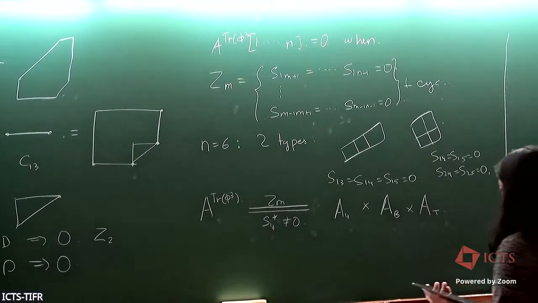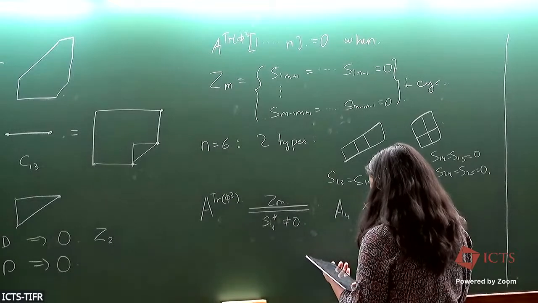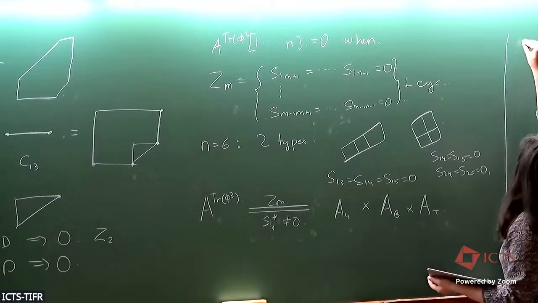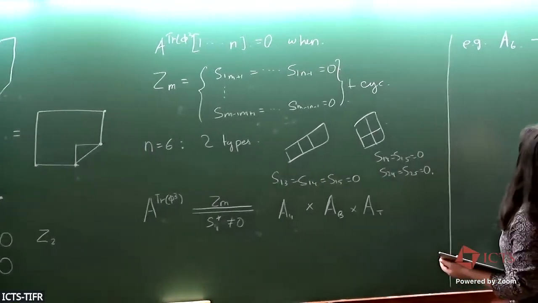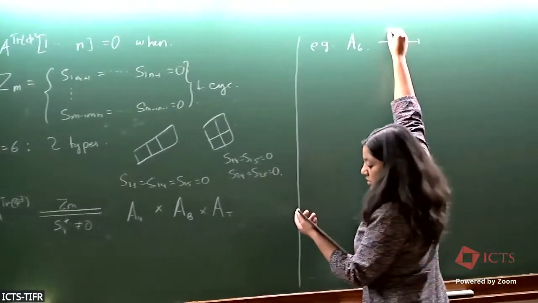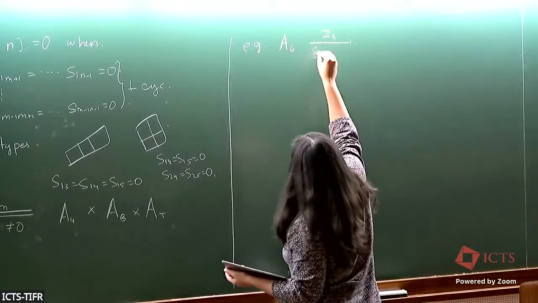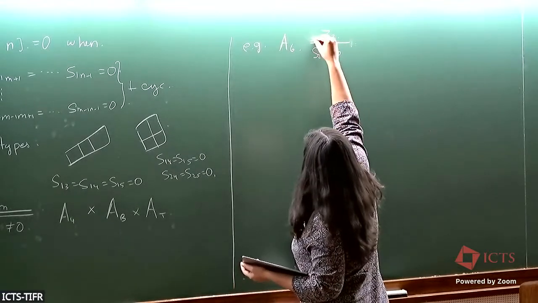Yeah, so let's give one example. Example: A6 on Z3, S25 not equal 0. Again, this is not an arrow, it's equality.